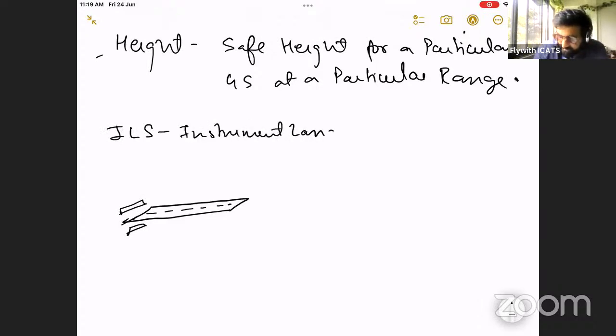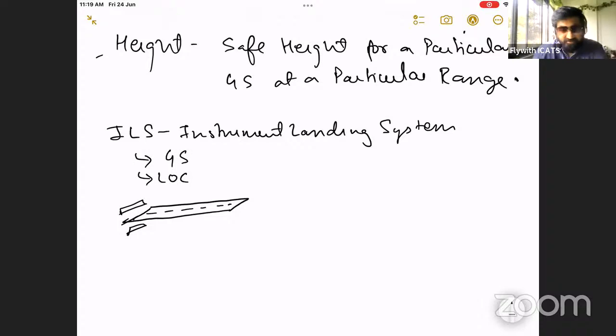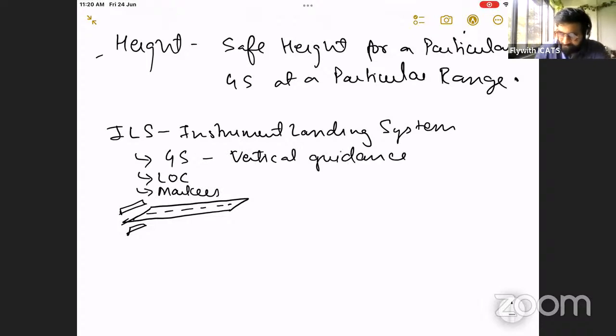Instrument landing system. ILS has three parts: glide slope, localizer, and markers. Glide slope gives you vertical guidance to land on the center line of the runway.